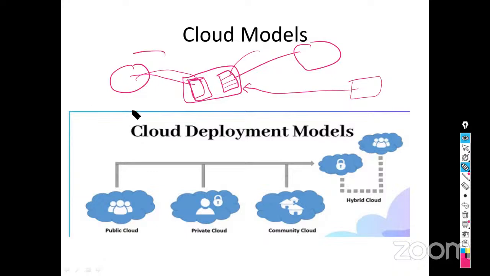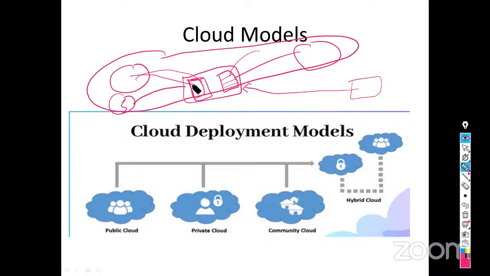So when a combination of two or three or five organizations spend money to build one data center, and only those organizations' users can access those services, or the data center security is shared between only these organizations, that is called a community cloud, right?